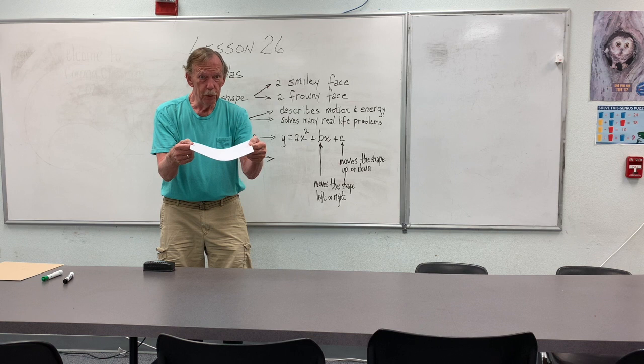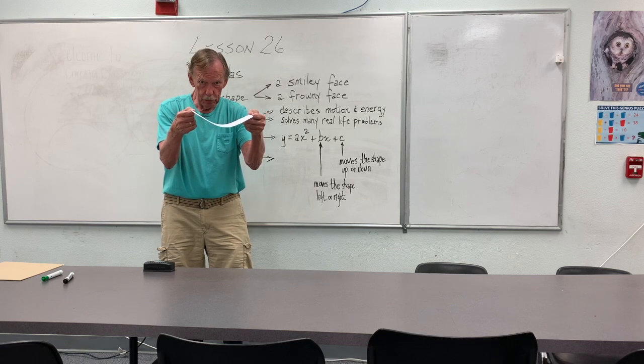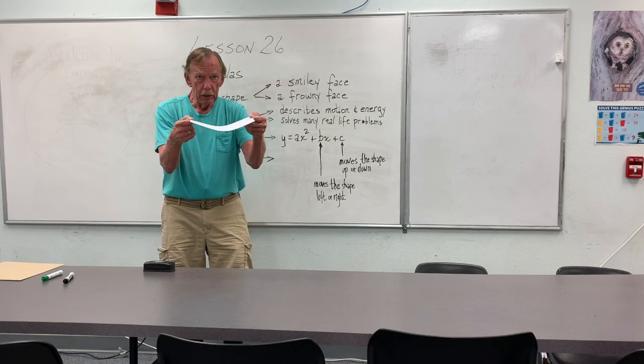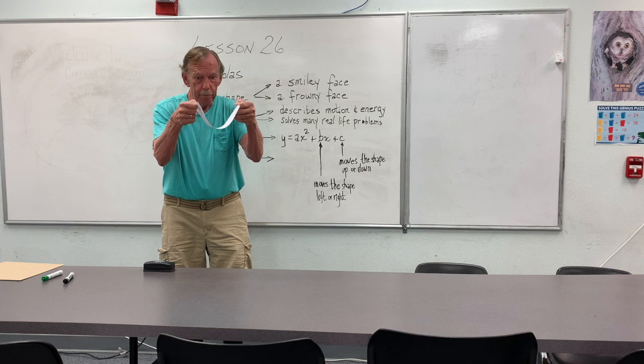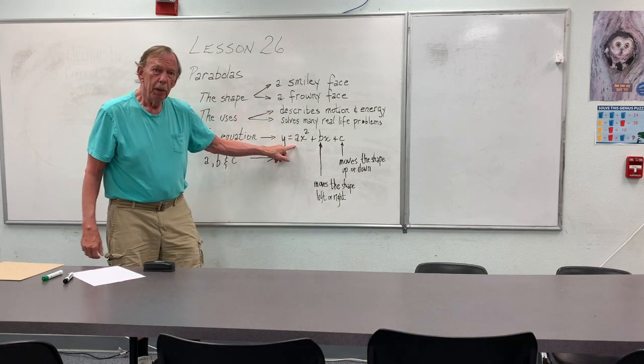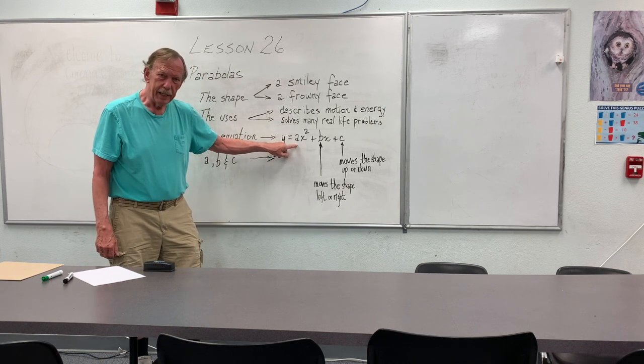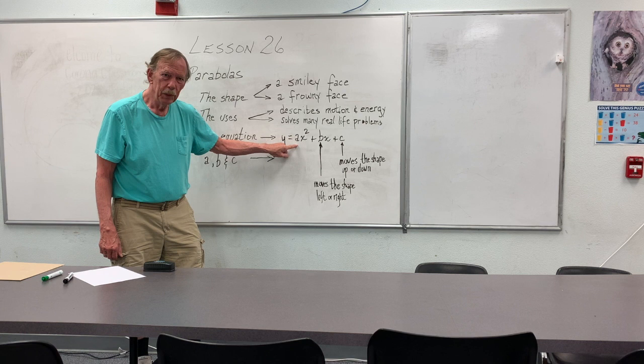For instance, if you look at the wires stretched between poles, that shape has a very, very small curve. Some, on the other hand, are very steep. So the steepness of the shape, much like a slope in a straight line, is A. Okay? A.